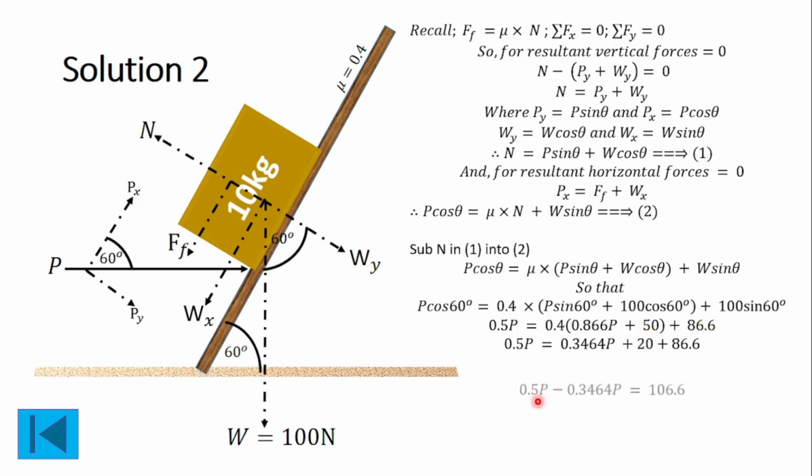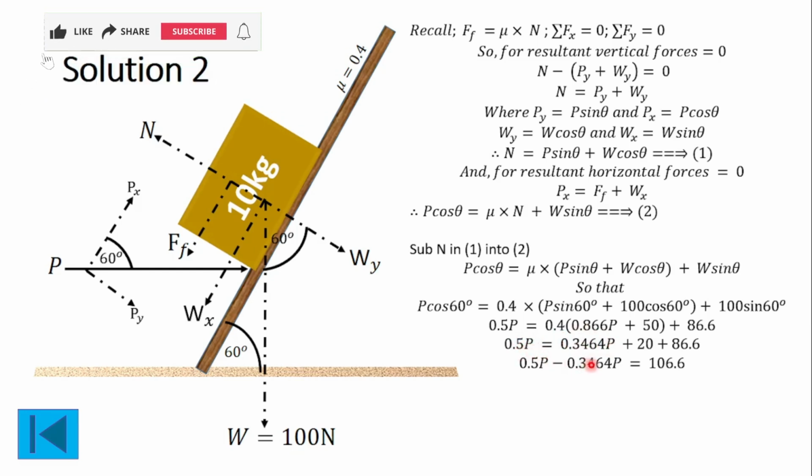So what would that give us? Collecting like terms now, take 0.3464 P to this side. So we have 0.5 P minus 0.3464 P equals 20 plus 86.6, which is 106.6. Very good.